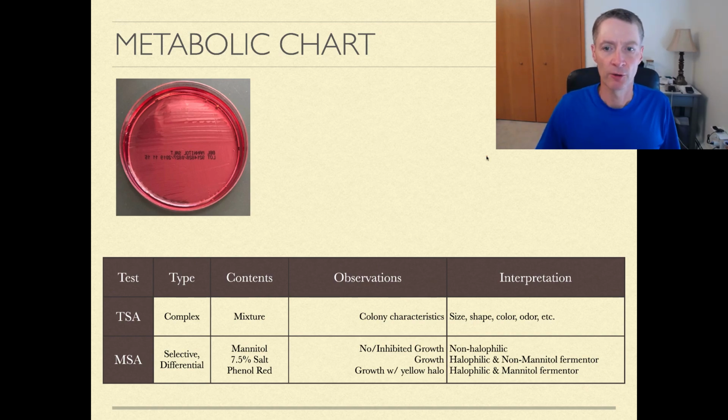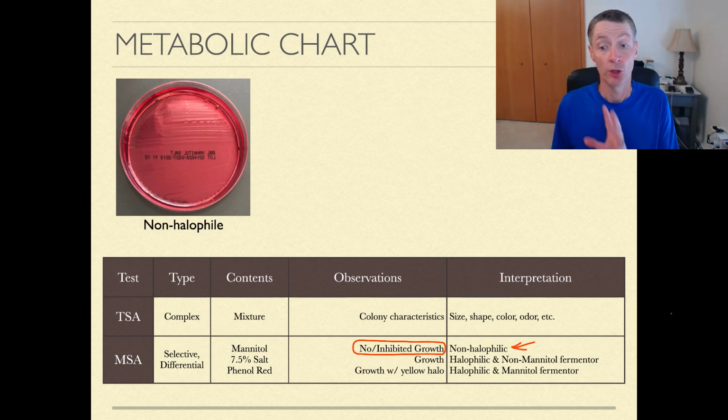Well, immediately you know the observation is no growth. And you can immediately tell me that this was a non-halophile. This did not grow. It's a non-halophile. You can't say that it didn't ferment mannitol because you didn't give it a chance, right? You killed it with the salt. So this would be your answer for that particular plate.